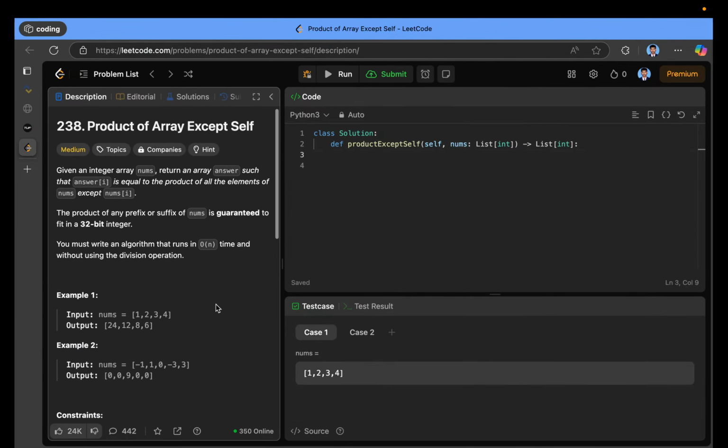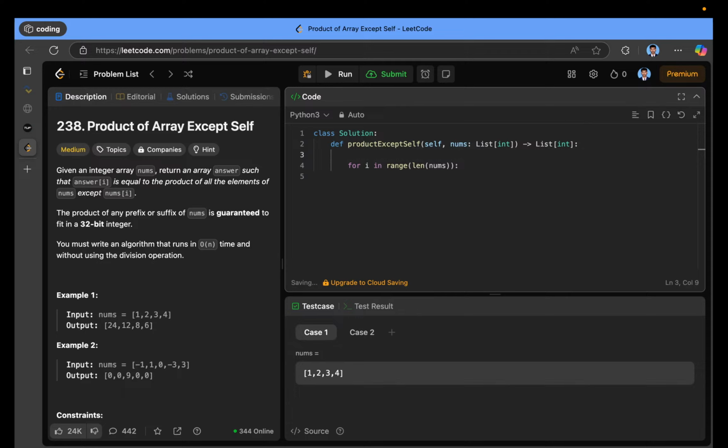Okay, let's go again. The first thing that I thought, let's go with that. For i in range, I don't think there is need of length. Let's go with it. For i in range length, after that, I have to find the product.